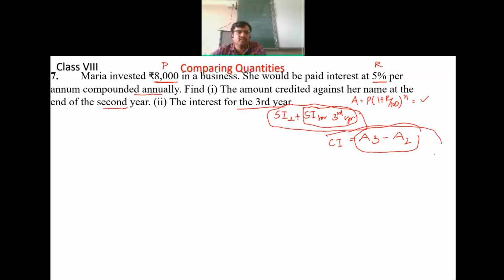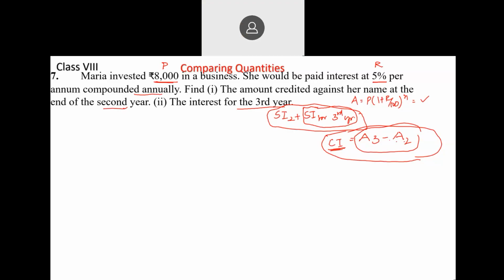Interest for third year will be amount for third year minus amount for second year. Since we calculated amount for second year, A2 is obtained here. A3, how to find? Instead of n as 2, use it as 3. This is another approach.